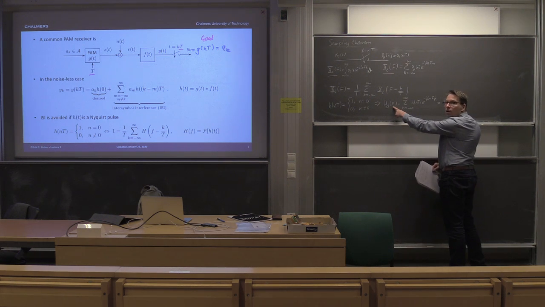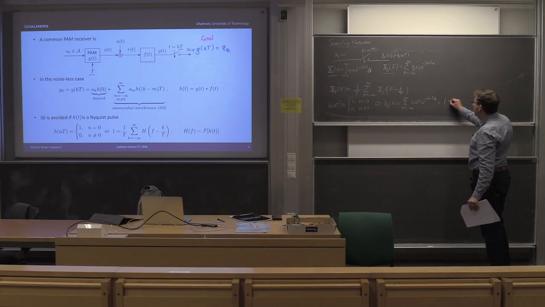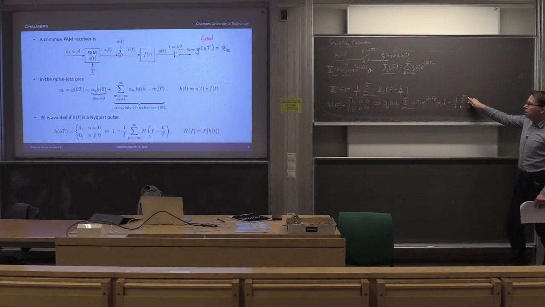So it's not a function of f. Well, it is a function of f, but it's a constant function. It's equal to 1 for all f's. But we also know from the sampling theorem that this must be 1 over t times the sum from k equals minus infinity to infinity.